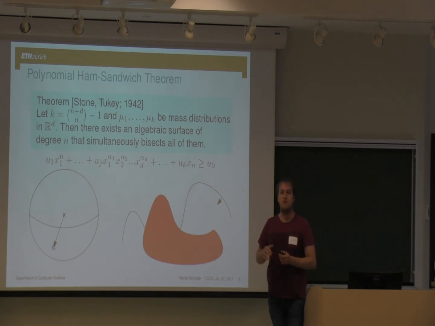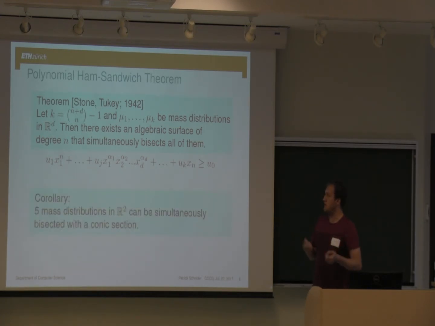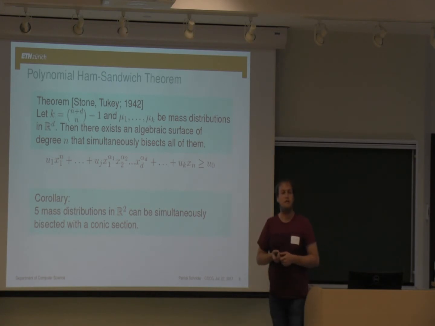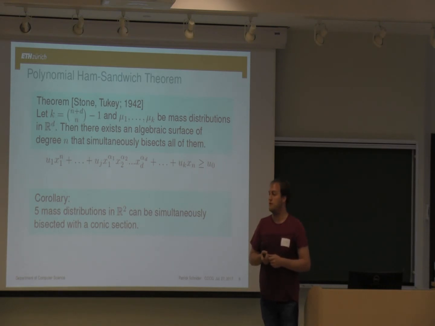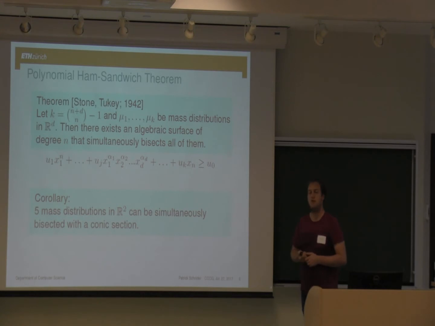So the same argument holds for any algebraic surface of a certain degree, and you can get quite a few masses that way. For example, if we look at dimension 2 and we look at the conic sections, which are algebraic surfaces of degree 2, then if we plug in the numbers, we can actually see that we can simultaneously bisect 5 mass distributions.